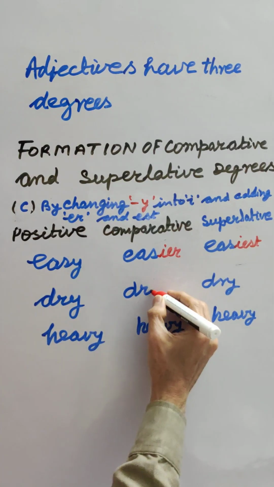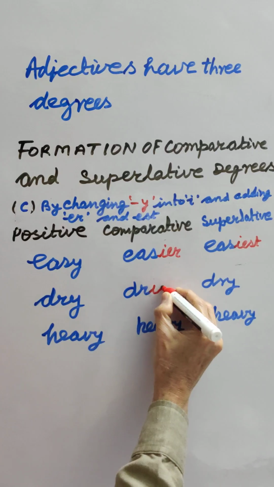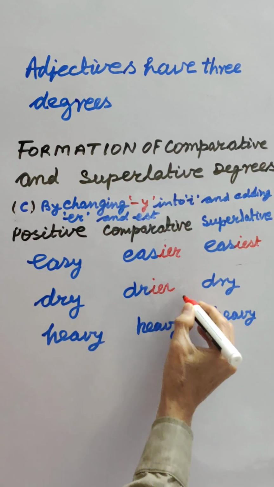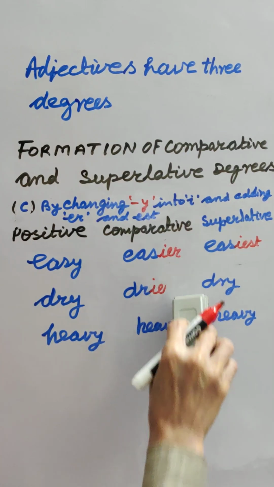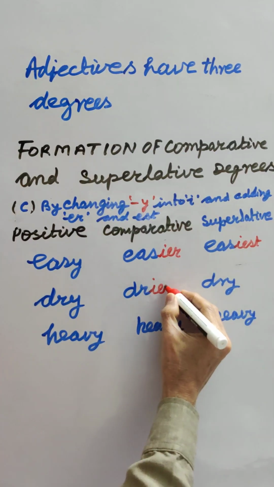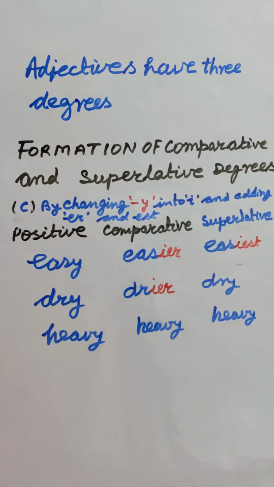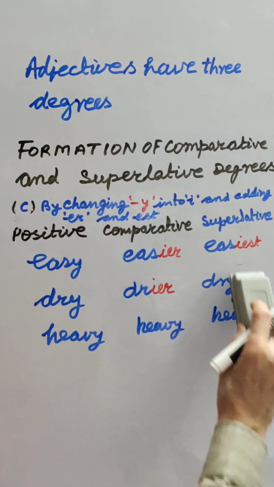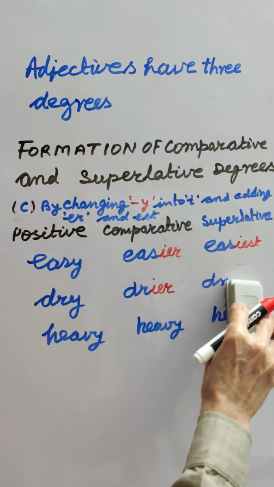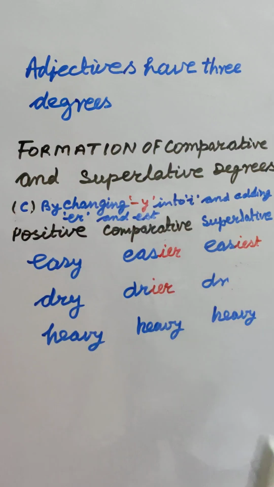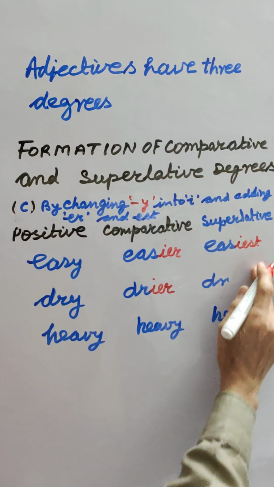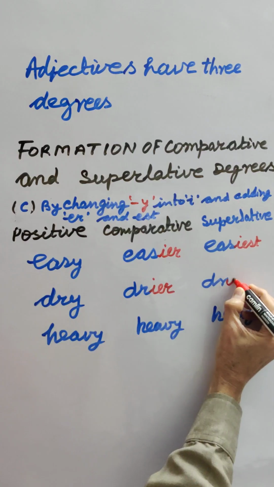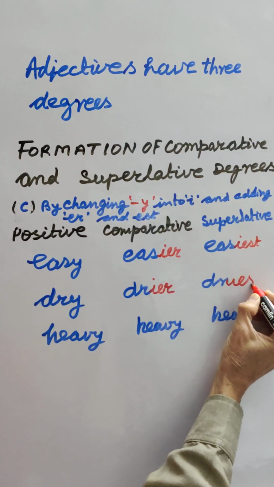So as heavy, remove y for making comparative. Dry, drier. Removing also y from here, superlative degree, and adding iest, driest.